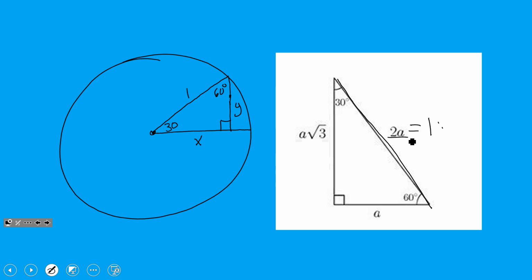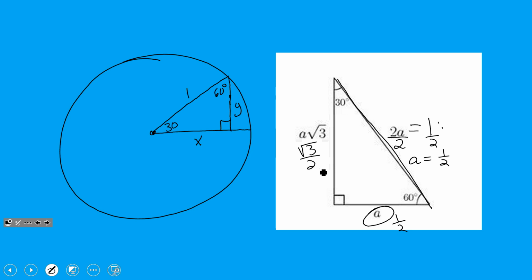We could divide both sides by 2, and we know that A is going to equal a half. Correct? So I know this shortest side down here is going to be equal to a half. If I know that the longer side is A times the square root of 3, then it would be a half times the square root of 3, which would be the square root of 3 over 2.